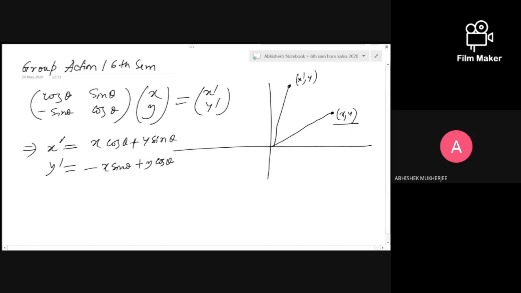So this means that this matrix acts on this point, and after the action has taken place, this point maps to x dash y dash. So that is an example of a group action, a particular one.